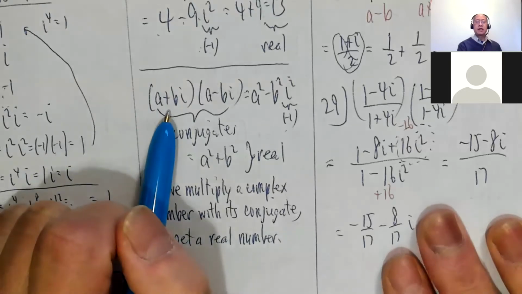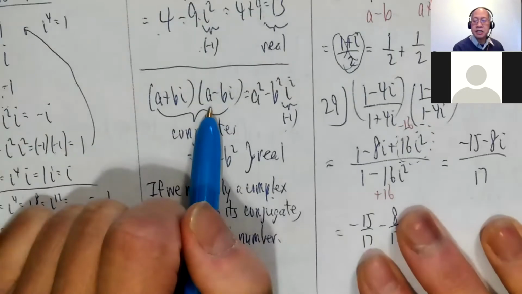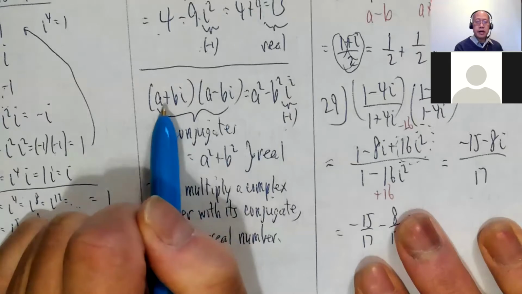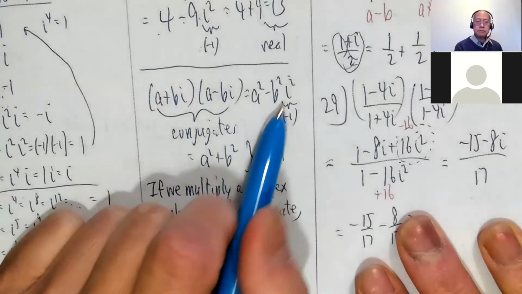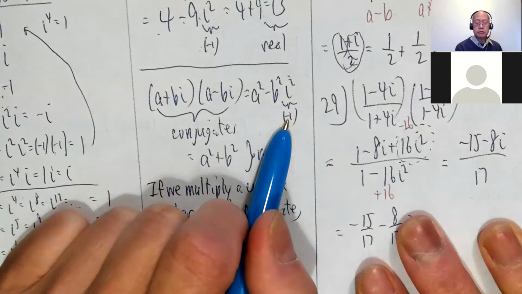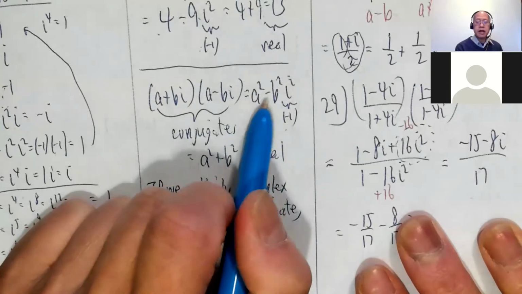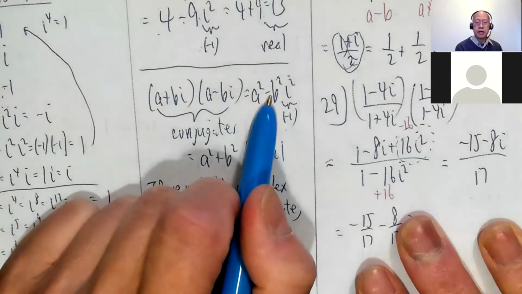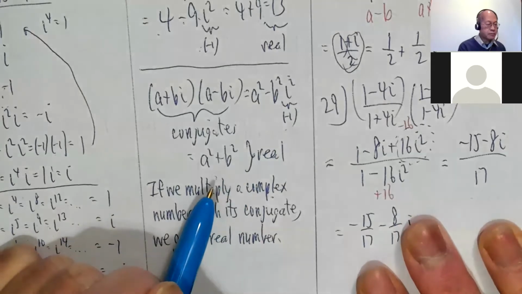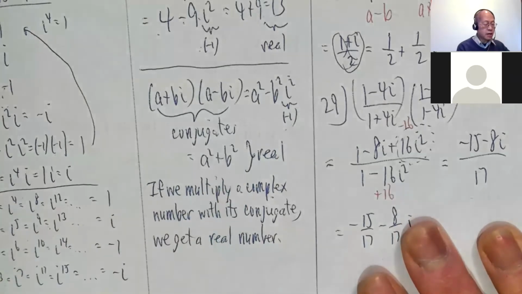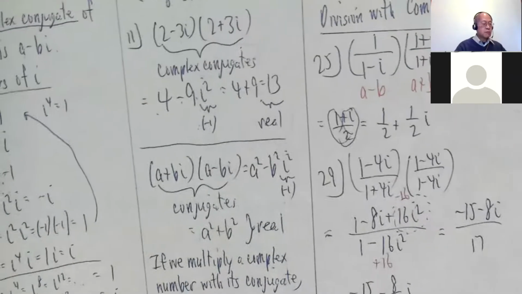So a plus bi, the complex conjugate is a minus bi. If you multiply it out, you have a squared minus b squared i squared, and i squared is -1. So it's a squared minus b squared times -1. That's a double negative, which gives a squared plus b squared, a real quantity. We'll need that from time to time.